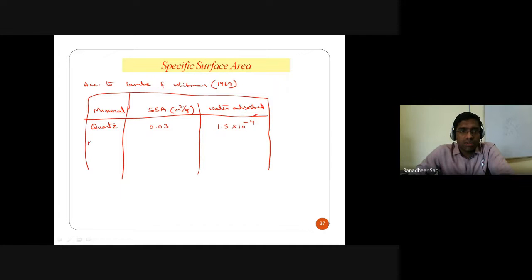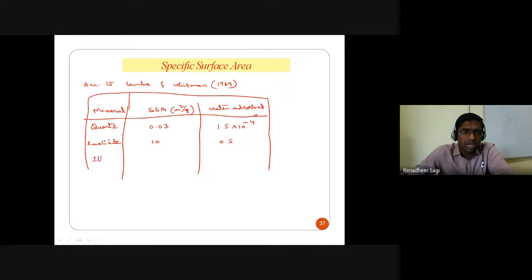In the case of kaolinite mineral, they found that the specific surface area would be around 10 meter square per gram, and the amount of water absorbed is 0.5.